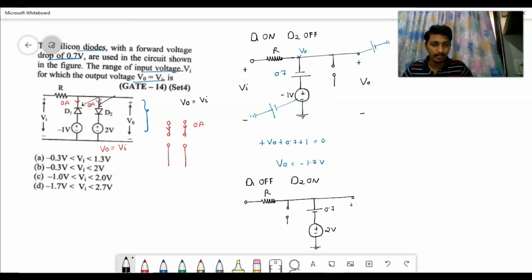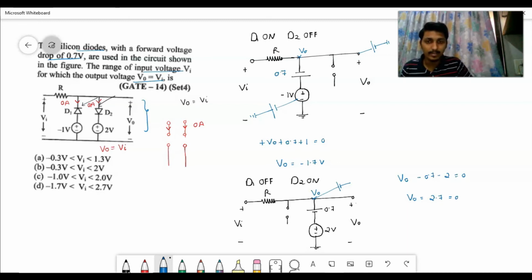Here it will be plus or minus V0, and here it will be plus or minus Vi. So for the second part, V0 minus 0.7 and minus 2 volt equals 0. So here V0 comes out to be 2.7 volt.